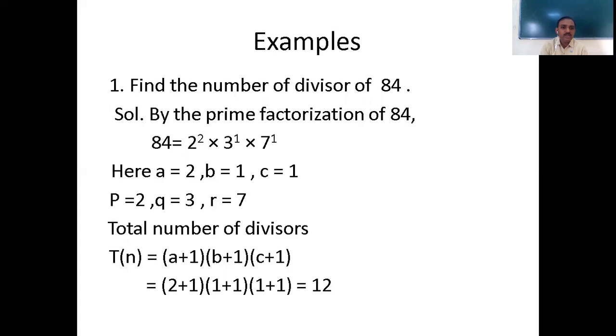These are the positive powers or exponents here, and P is equal to 2, Q is equal to 3, R is equal to 7 are the prime factors here. So we have the formula: total number of divisors Tn is equal to (A plus 1) into (B plus 1) into (C plus 1). So (2 plus 1) into (1 plus 1) into (1 plus 1). Simplifying this, we get the value 12. So the number of divisors of 84 is 12.